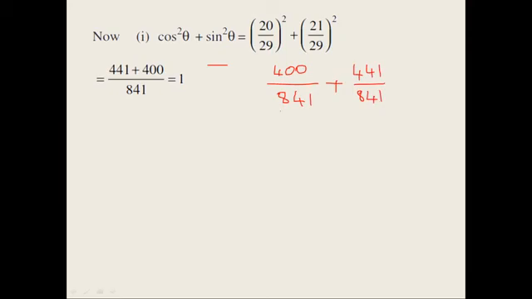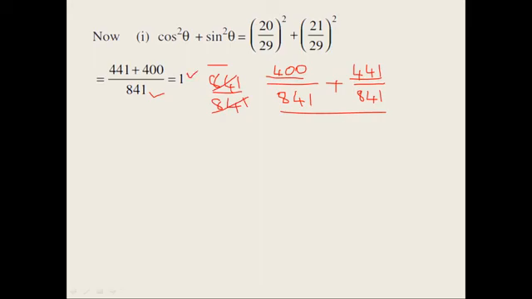So taking LCM, 841 is the LCM. Now 400 plus 441 is equal to 841. 841 by 841 is equal to 1.